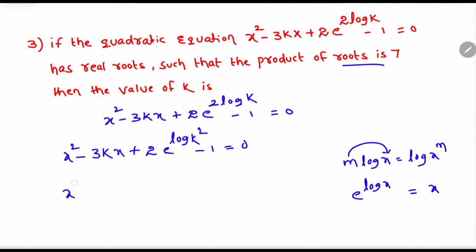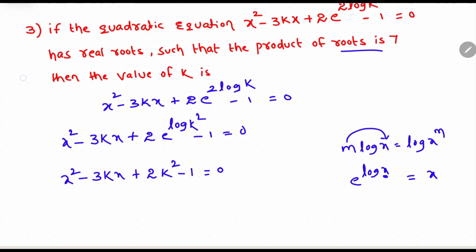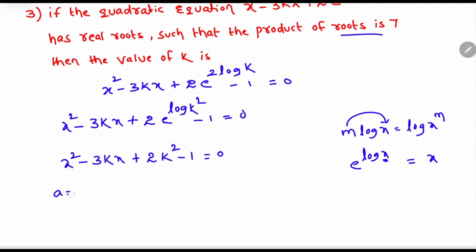So we write x to the power 2 minus 3kx plus 2 into e to the power log k power 2, so e to the power log gives only x, similarly we have k power 2 minus 1. Now from here we can write a value 1, b value minus 3k, c value 2k square minus 1.